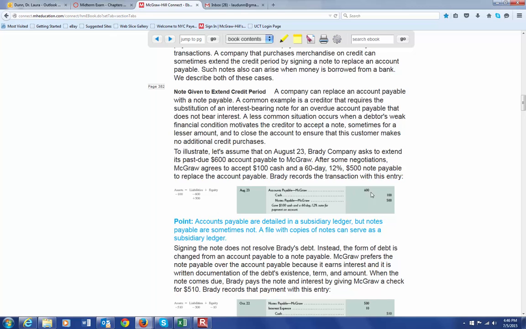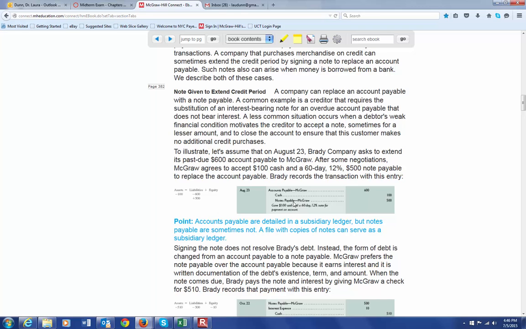They can take the accounts payable off their books, which they do by debiting it, because that's how we decrease accounts payable. They would then credit cash because they're giving them $100. But the other $500 is going to be a credit to notes payable, because now it's not an accounts payable, it's a notes payable.